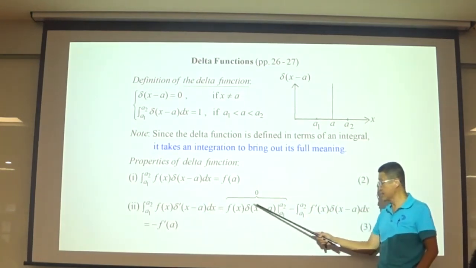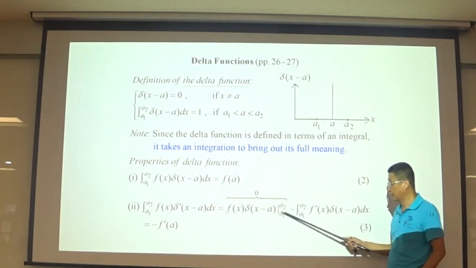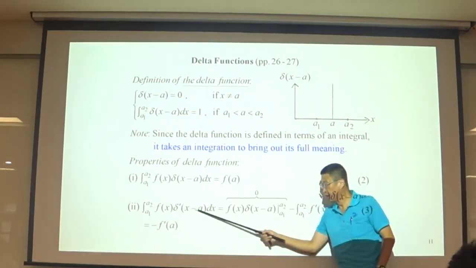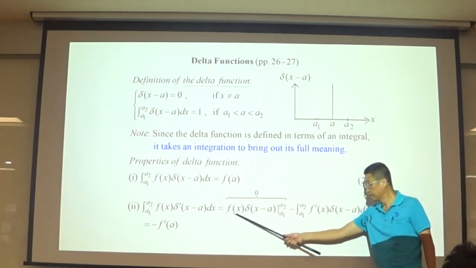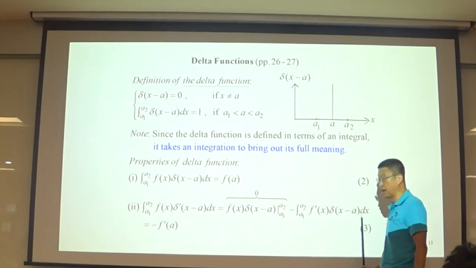And then f of x, delta prime (x minus a) dx. Then we can perform integration by parts. We got this one.